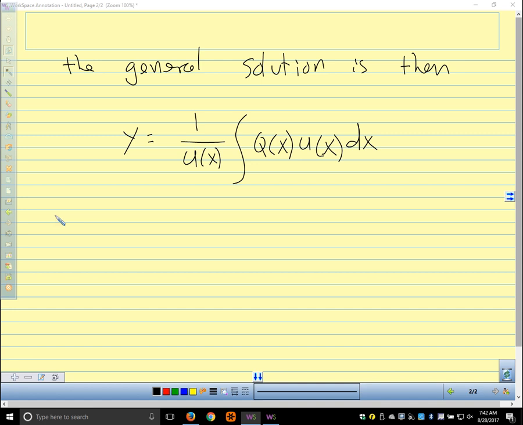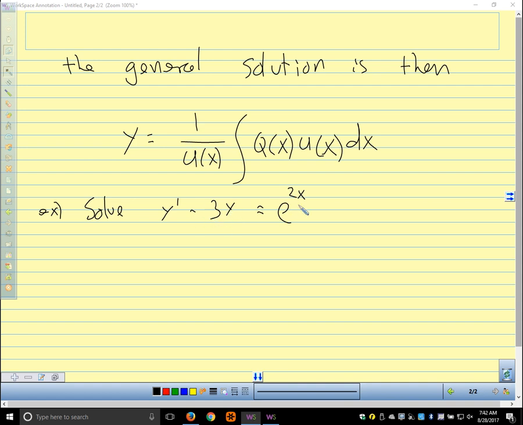All right, so let's look at an example. We want to solve y prime minus 3y equals e to the 2x. All right, so first order linear differential equation, first derivative, there's my function.